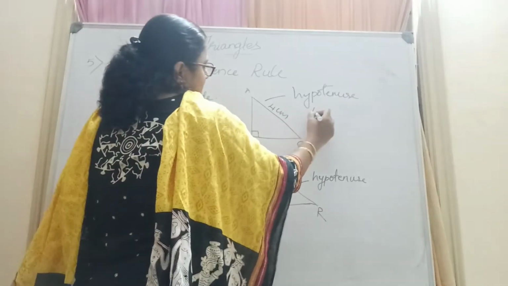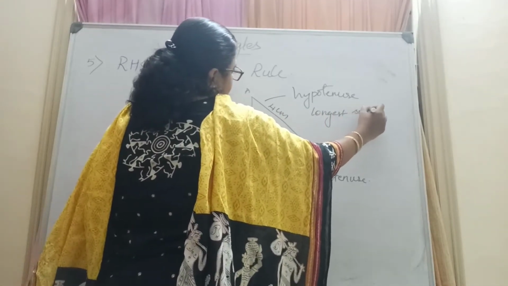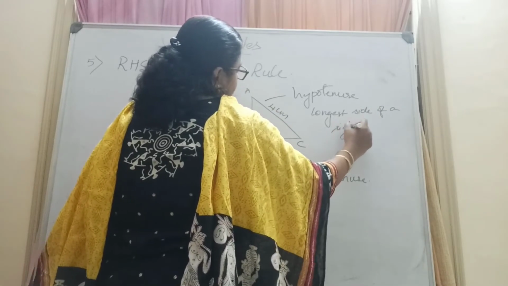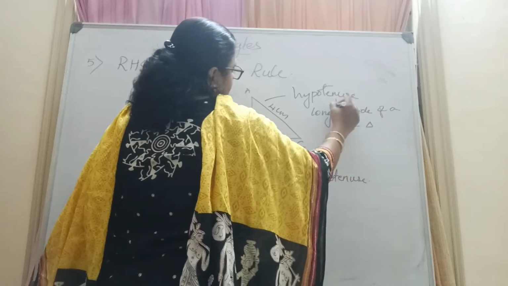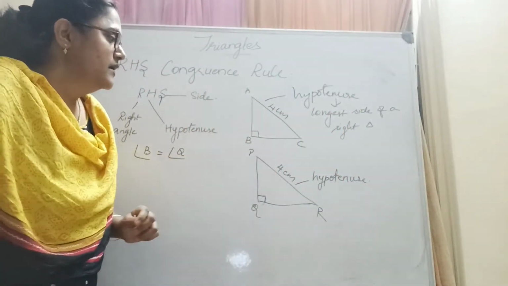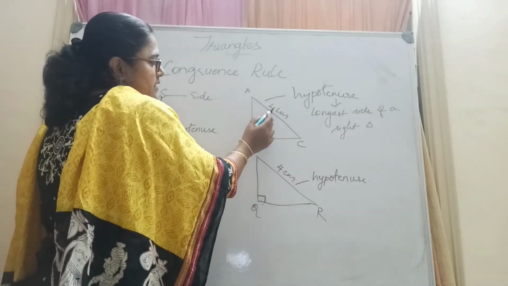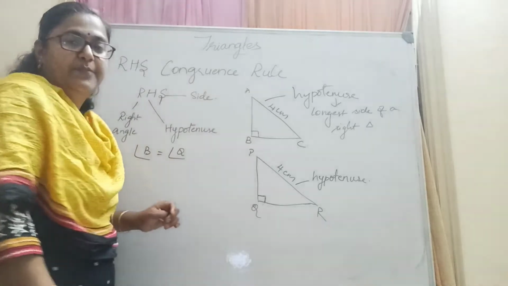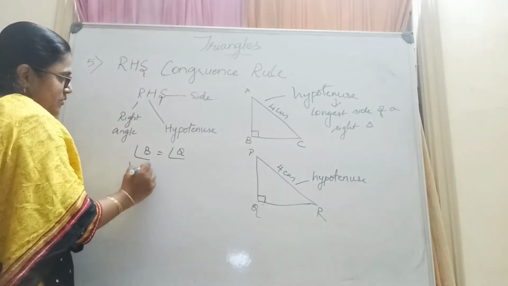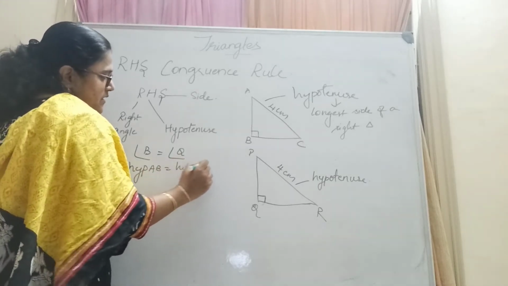Now my hypotenuse in PQR is 4 and in ABC also my hypotenuse is 4 centimeters. They are equal. So hypotenuse AC is equal to hypotenuse PR.